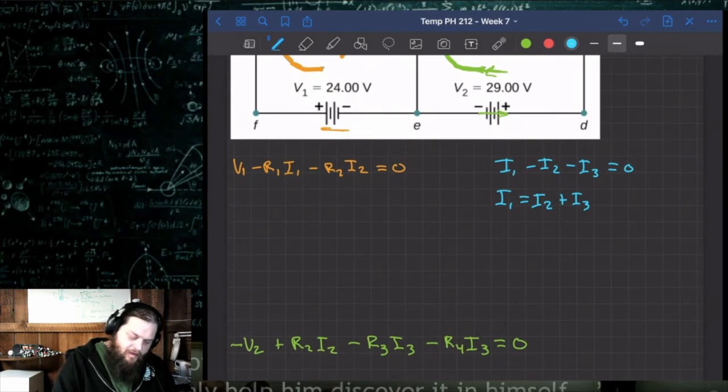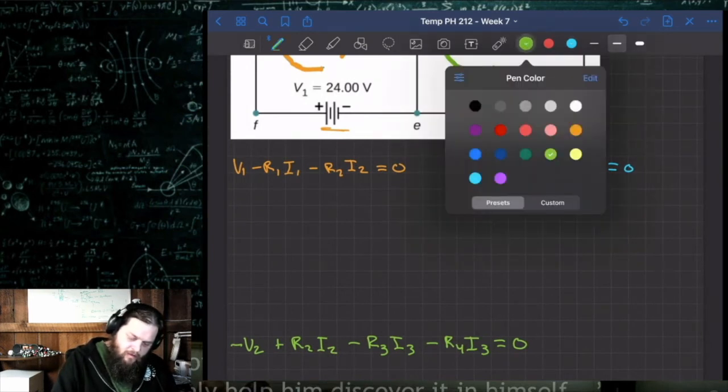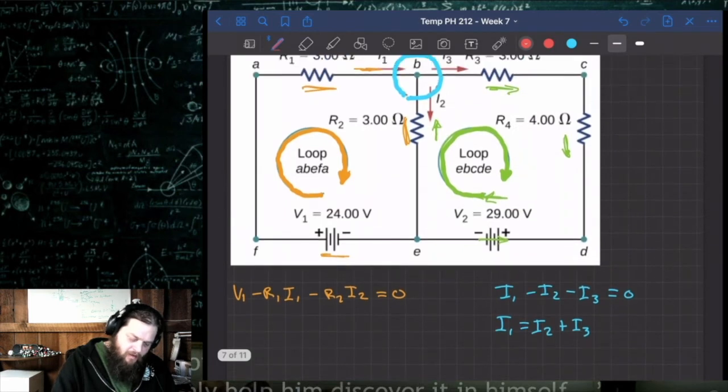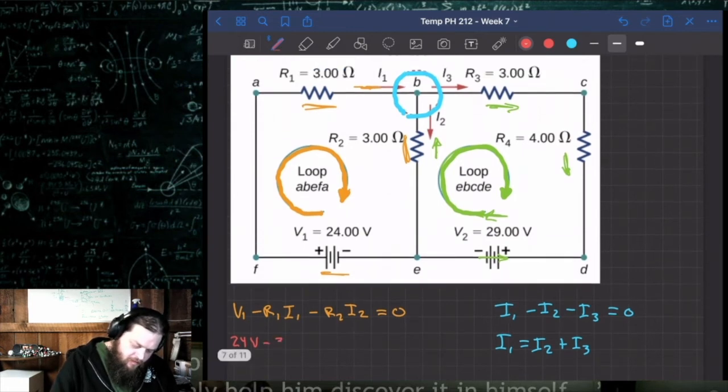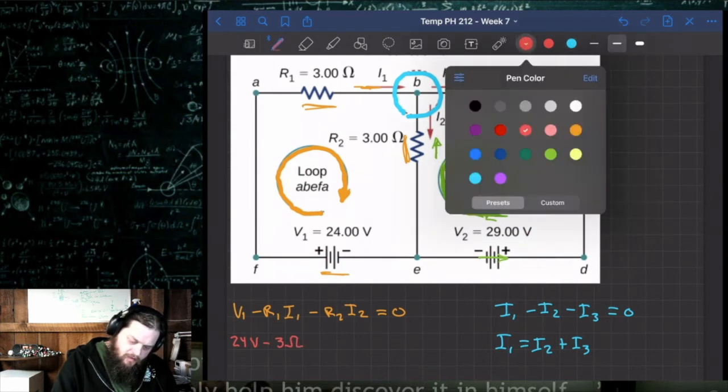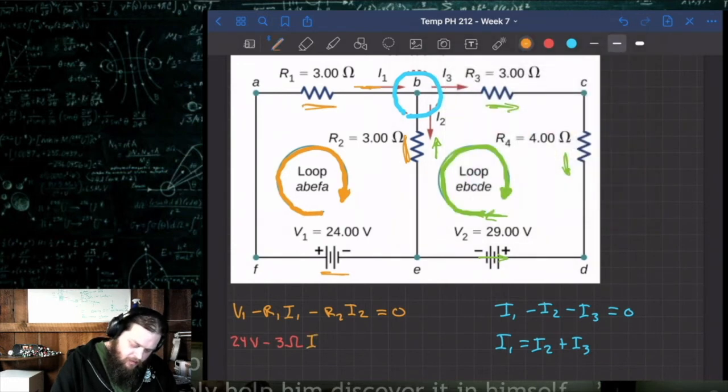And then substituting that into the orange equation, or adding the values we know in there, that's going to be 24 volts minus, that's 3 ohms, which is R1, I1 we don't know, so go back to orange, I1 minus R2, which is 3 ohms. I was going to substitute that in, but I did not, which is equal to 0. So I'm going to substitute in for I1 there.